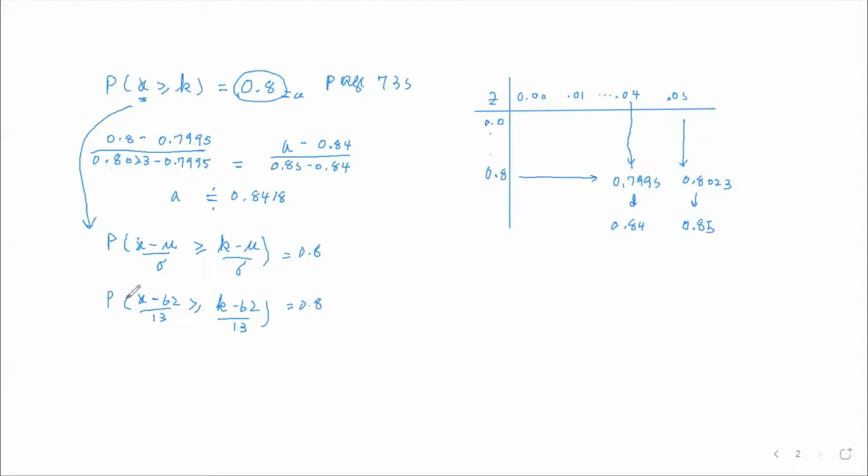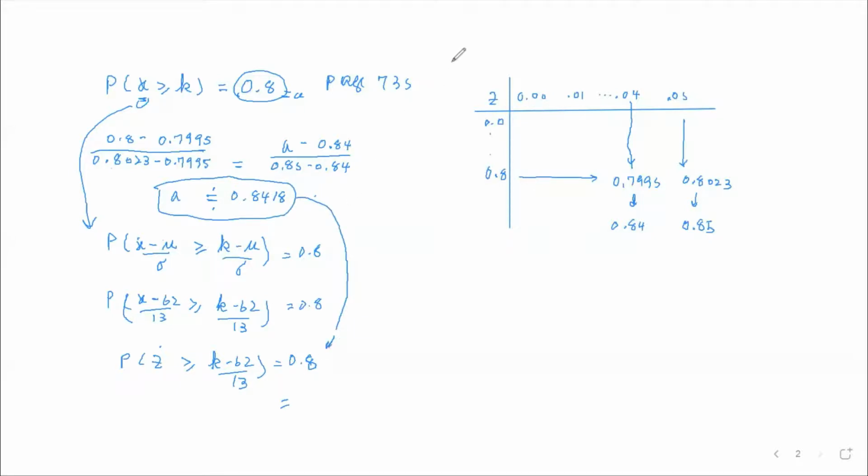Because the whole thing is a Z already, a Z score, you can write it as a Z because we want to convert X to Z here. So we have Z greater than K minus 62 over 13 equal to 0.8. Now we got the value of A already from the table, so you replace A in here.